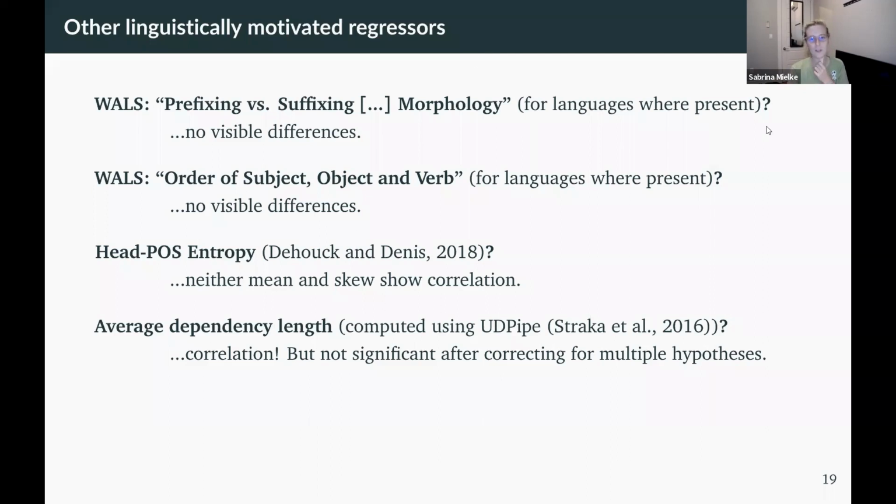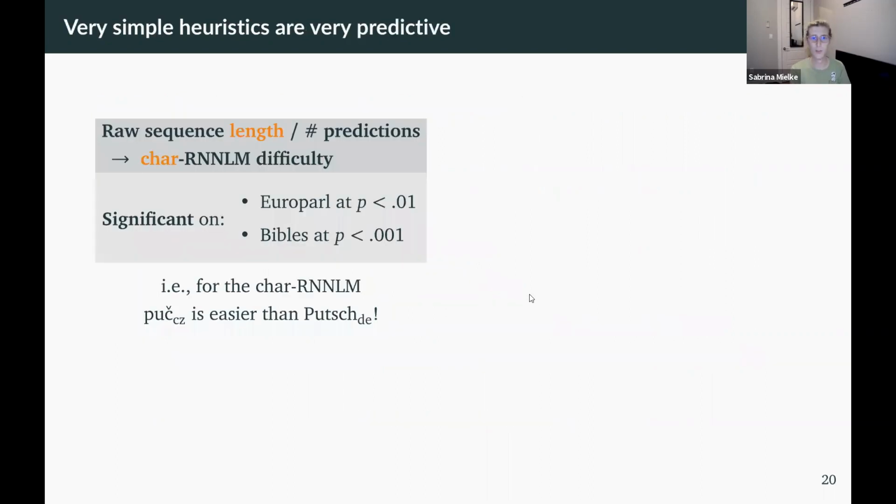And again, one of the issues with this is that we need good parsers for this, so we can only do this on the Europarl languages. So that's really disappointing. It gets worse though. We did find some things that are very predictive. So for one, the character level language model's difficulty is very strongly driven by just the raw sequence length, just the number of tokens.